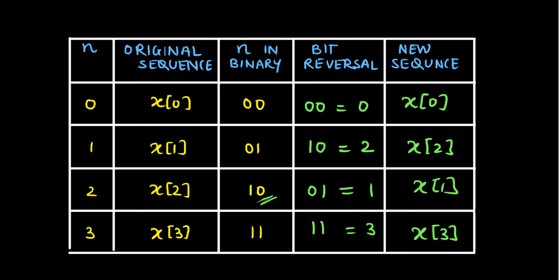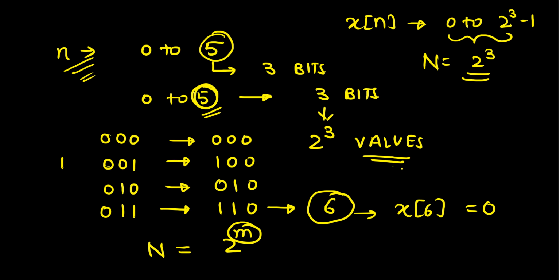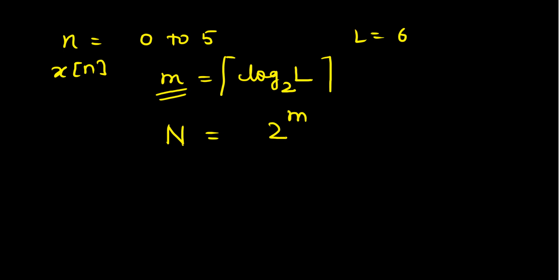Now the rearrangement of the entire sequence has to be done properly, and as we know there is a minimum number of bits required to represent any number. So suppose we are given a range of n from 0 to 5, then this 5 can be represented with a minimum of 3 bits.